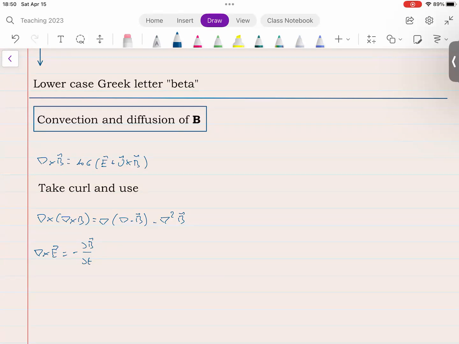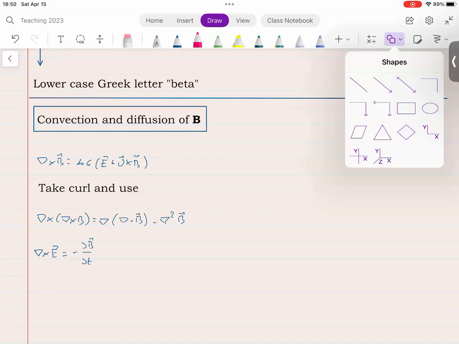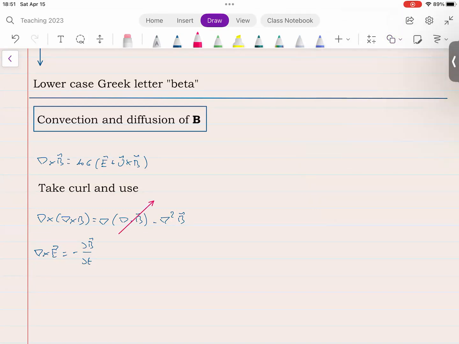So we'll have, let me just set this to 0, minus del square B is equal to mu naught sigma times minus dB over dt plus del cross U cross B. Let's maybe make these square brackets.